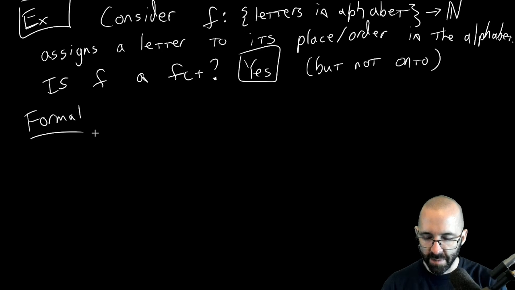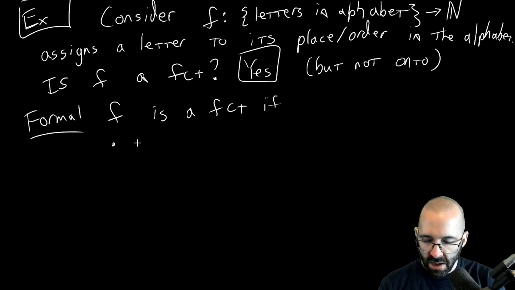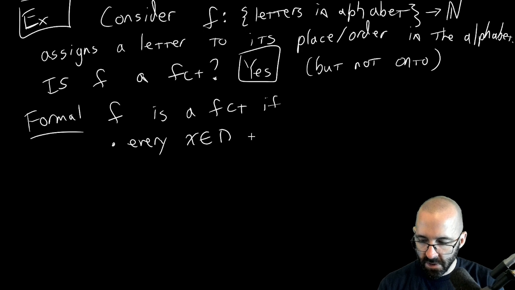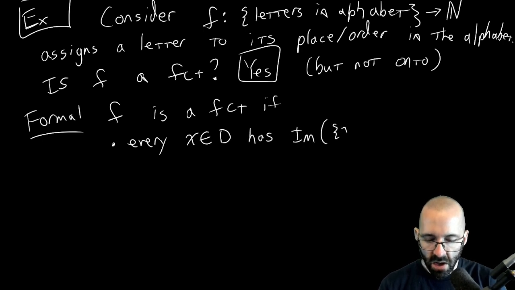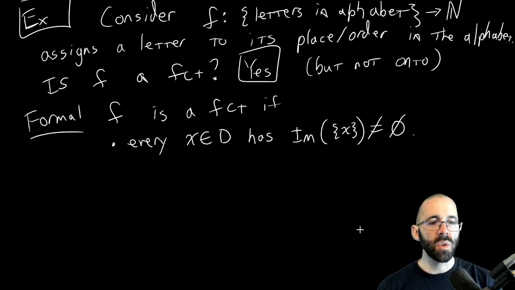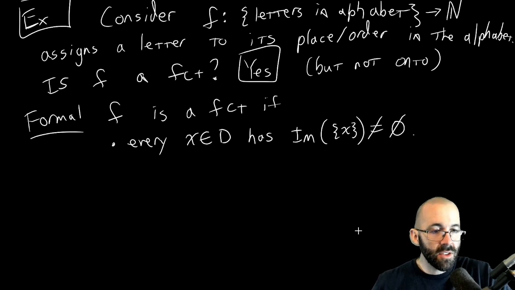A formal requirement for a function, right? f is a function if every x in the domain has the image of that x not the empty set. So what does this mean in normal English? This means, in normal English, that everything in the domain goes somewhere.